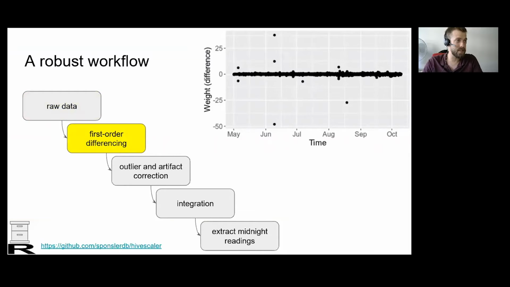And when you do that, you get something that looks like this. And as I said, those tricky level shift outliers arising from management artifacts get turned into these simple additive outliers, these one-off outliers, and that makes them pretty easy to deal with. So we can come through and filter out any reading that reflects a weight difference greater than some value that we consider reasonable.